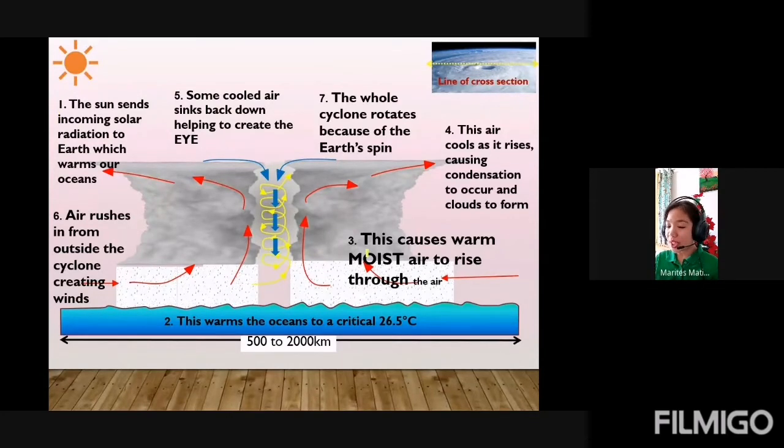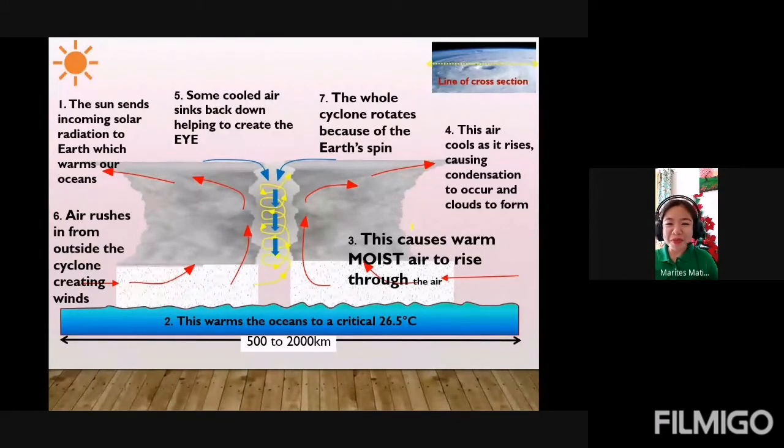When the ocean reaches 26.5 degrees Celsius and higher, this will cause the warm, moist air to rise. But after that, this air cools as it rises, causing condensation to occur and clouds to form.